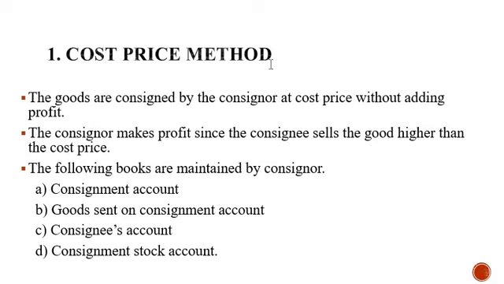When there is consignment taking place, the consignor has to maintain some amount of books with him so that he gets to know whether he is into profit or he is into loss. So he prepares different accounts.